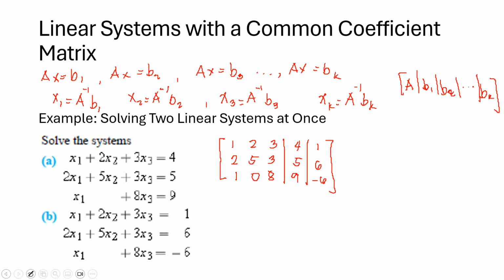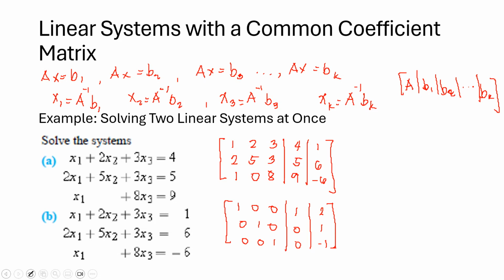You can pause the video to reduce the left side to row echelon form, and I want you to verify that the reduced row echelon form would be 1 0 0, 0 1 0, 0 0 1, then 1 0 0, and then 2 1 negative 1. So that is our matrix.